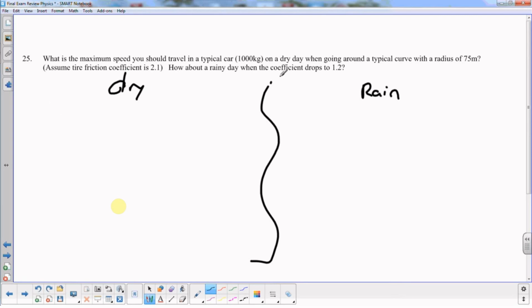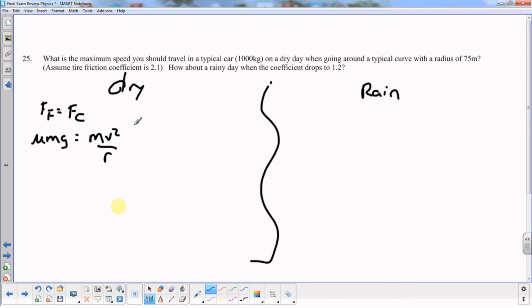So again, typical, and I'll do it out the long way. So instead of doing like we did with 24, I'll do, let's see, Ff is going to be my centripetal force. So μ times m times g equals mv squared over r.